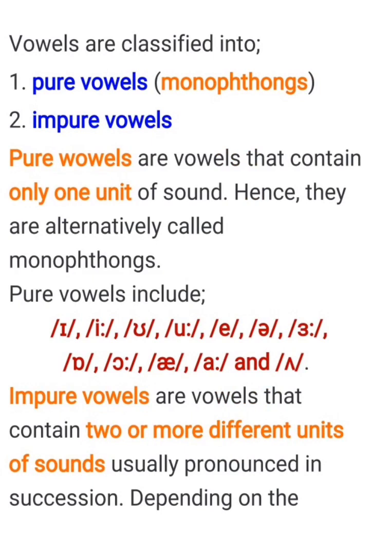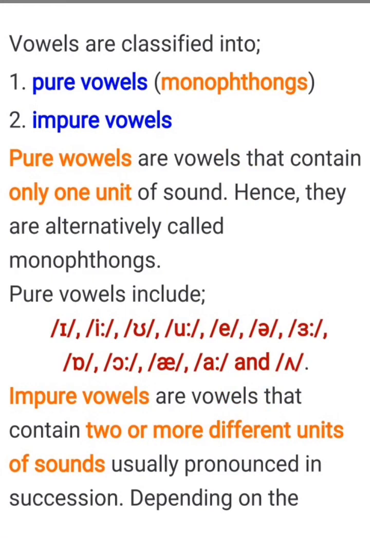The pure vowels are alternatively called monophthongs. The reason for that you are going to see shortly. But then, what's the difference between pure vowels and impure vowels? Let's review the next paragraph, and of course the one to follow up, so that the differences between the two will have been established at the end of the day.